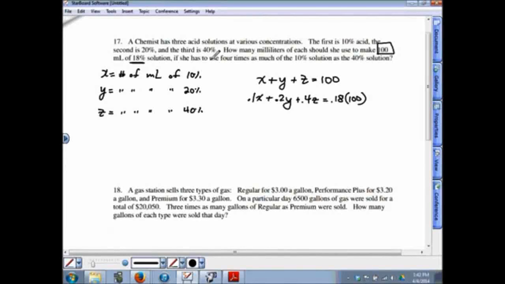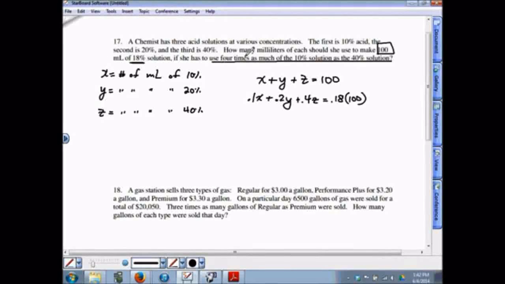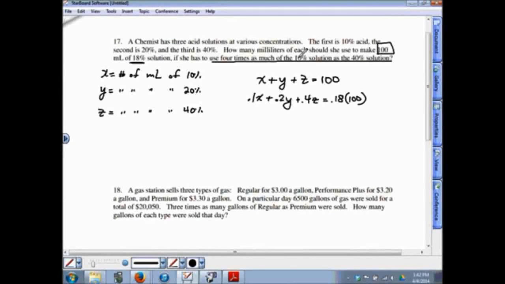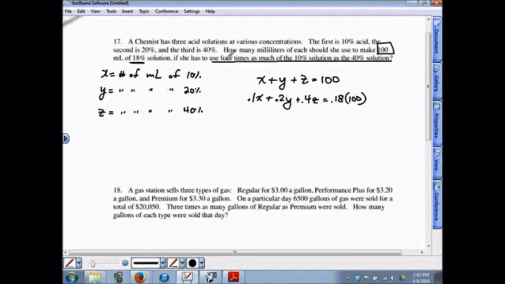Now, this one right here, if she has to use 4 times as much of the 10% solution as the 40% solution. So she's using more of X than she is of Z. She's using 4 times as much of the 10%. So the problem with a phrase like this is students read it literally.